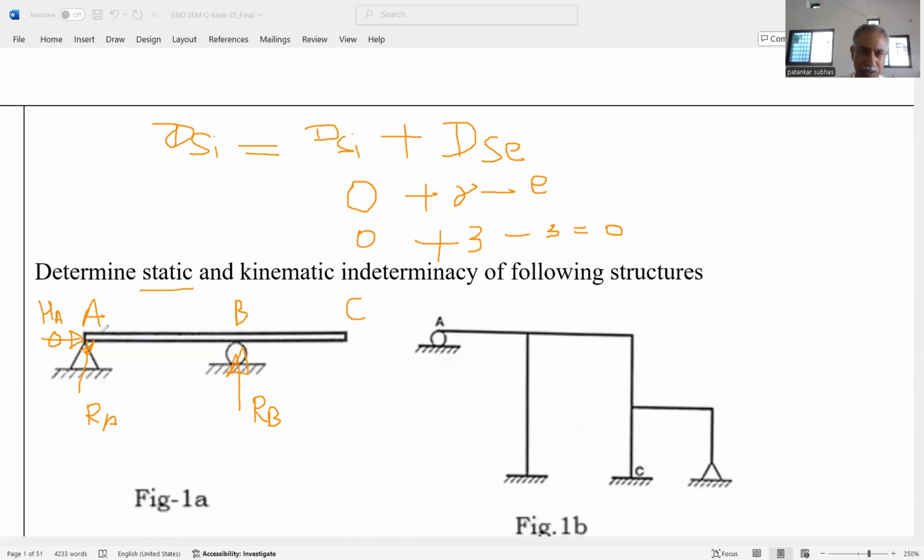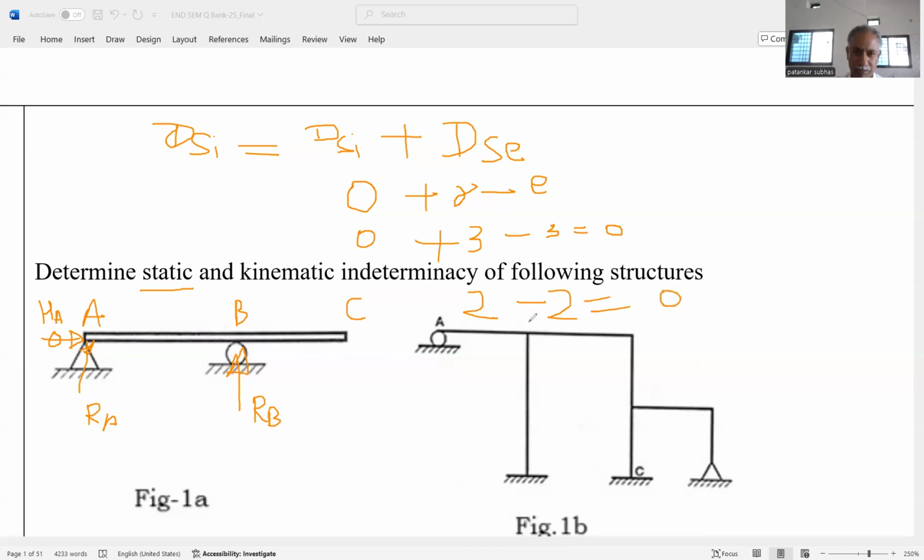In that case, only two equations are available, and here two reaction components are there, so the number of reaction components is 2, and equations available also 2, and that's why the degree of redundancy is 0.